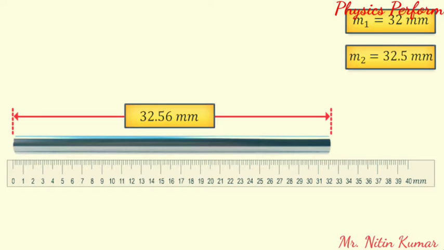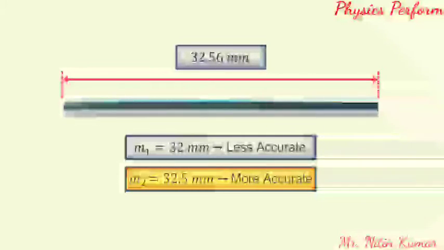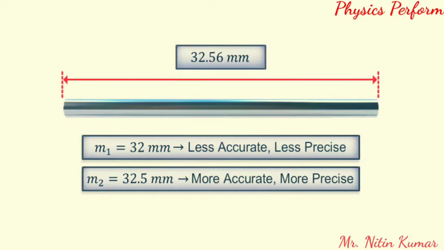Let us call this M2. Here, M2 is more accurate as it is closer to the object's true value than M1. Also, M2 is more precise as the resolution of the instrument used is greater than that of the first one.